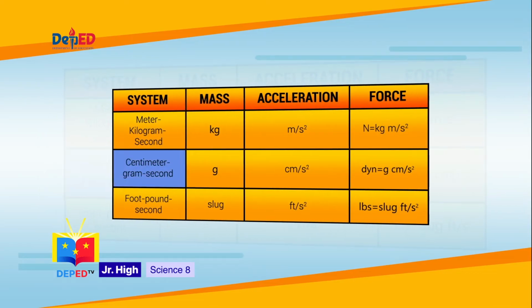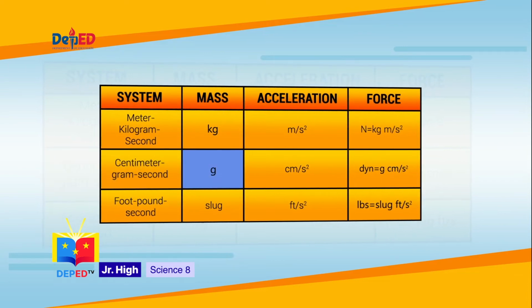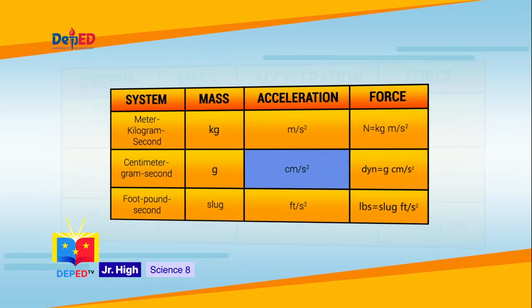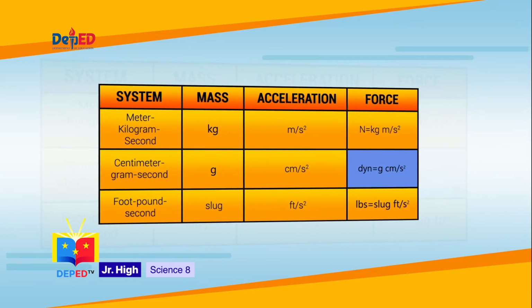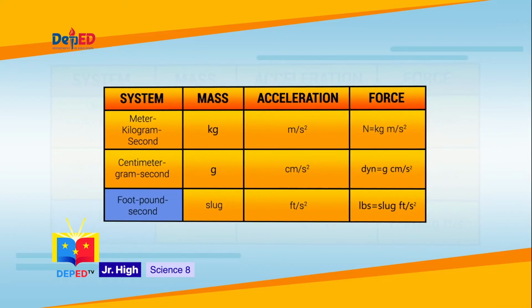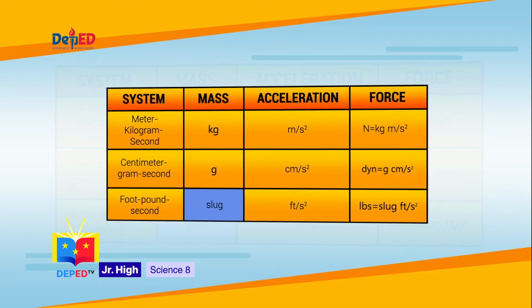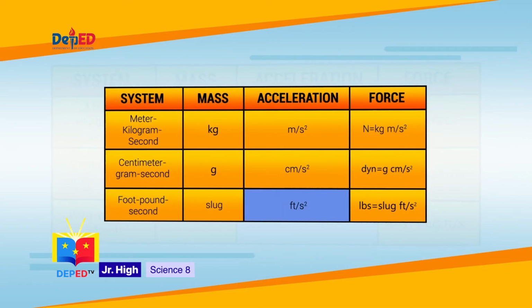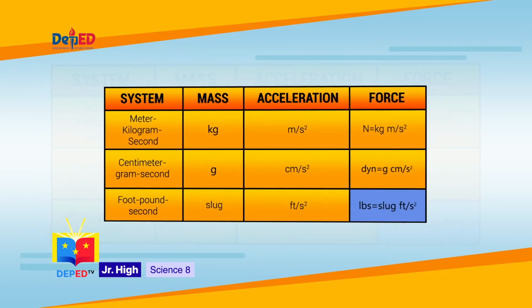For the centimeter gram second or CGS system, gram for the mass, centimeter per second squared for the acceleration, and dyne for the force. Lastly, for the foot-pound second or FPS system, slug is used for the mass, foot per second squared for the acceleration, and pound for the force.